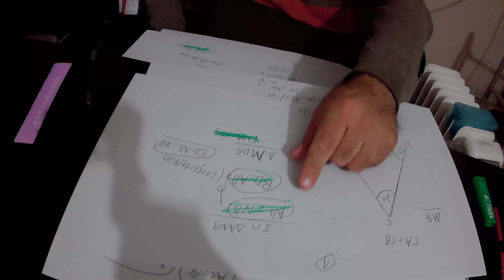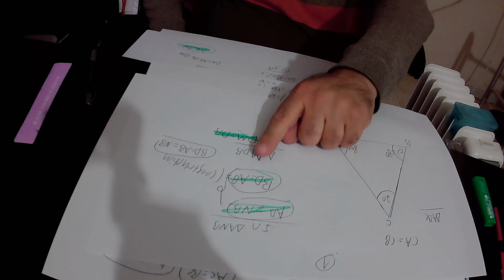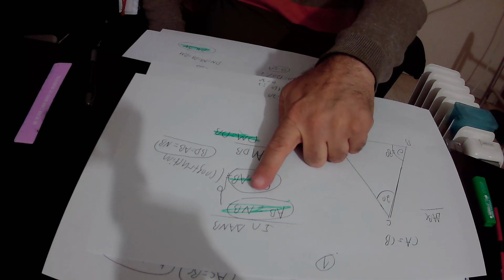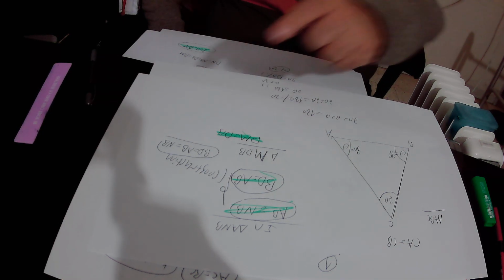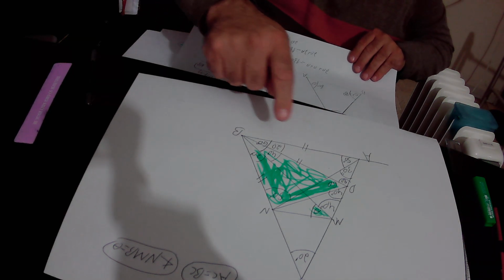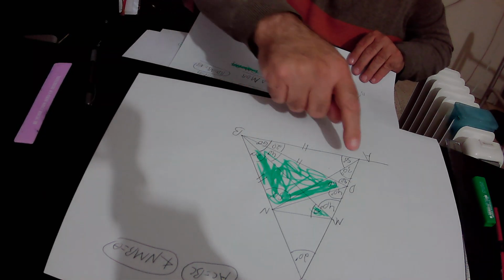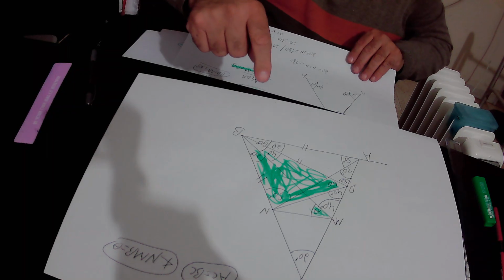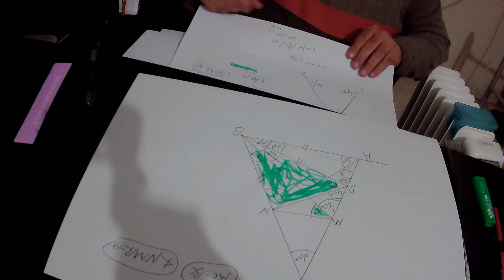And from those two equations, we derive that BD equals AB, but AB also equals NB. So BD equals AB equals NB. Okay, BD equals NB, and it is equal to AB also. Okay.